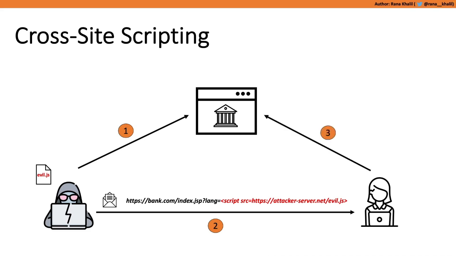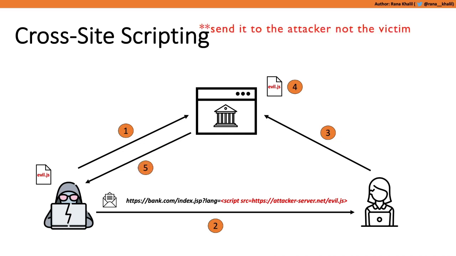She clicks on the link, she gets directed to her legitimate banking website, and she performs all the banking operations that she needs to perform. However, what's happening in the background is that this script right over here, the malicious script, ends up executing in Alice's browser. It accesses Alice's cookie store for this application, steals Alice's session token, and sends it to the attacker.